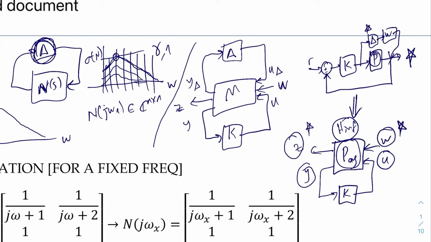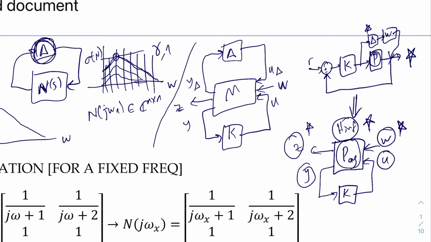However, we are not directly focusing on the uncertainty that the plant will have. When we say H infinity is robust, we mean robust against the disturbance signals, external signals. However, it is not robust considering the uncertainty that the plant may have.